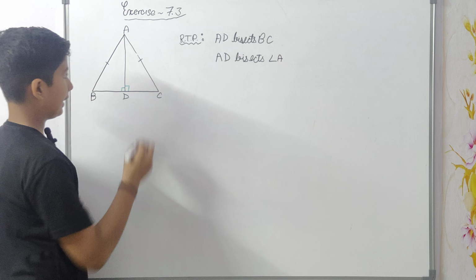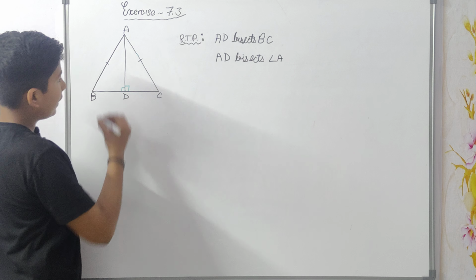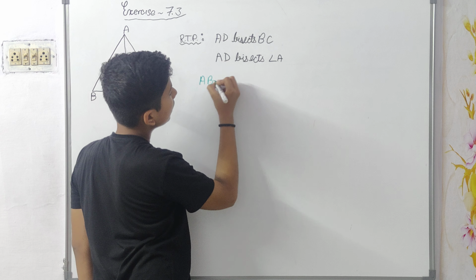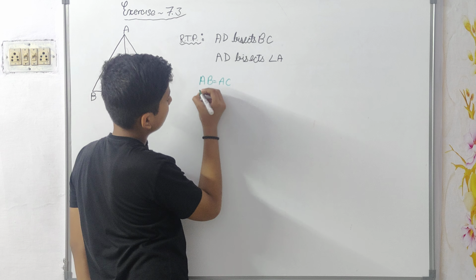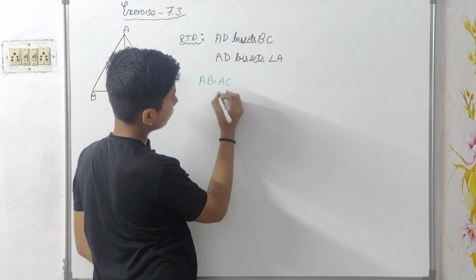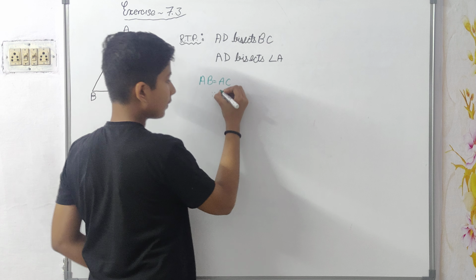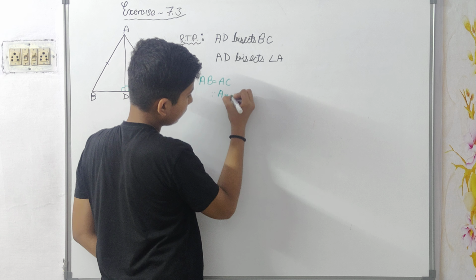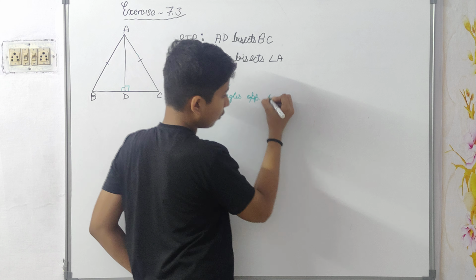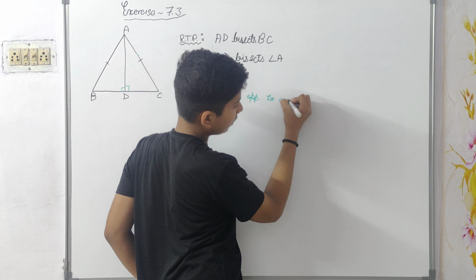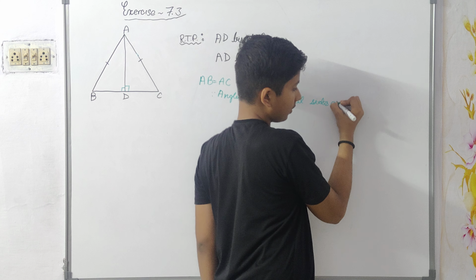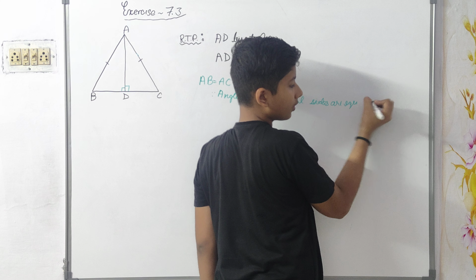This will also be 90 degree, and we can say here we'll write firstly AB equals to AC, and here since angles opposite to equal sides are equal.